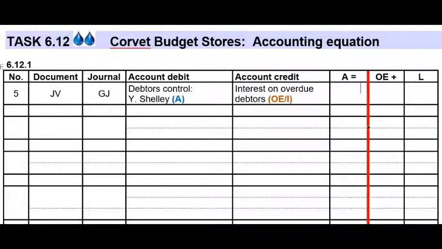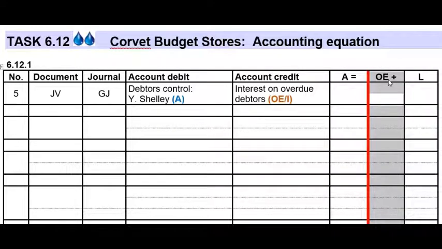Can you see I made mine like a bright red between assets and owner's equity, because this line will represent your equal sign, and you know whatever is on the left-hand side of the line must equal what is on the right-hand side of the line. Okay, then another tip is with owner's equity, because this is the one that you guys usually get confused with.